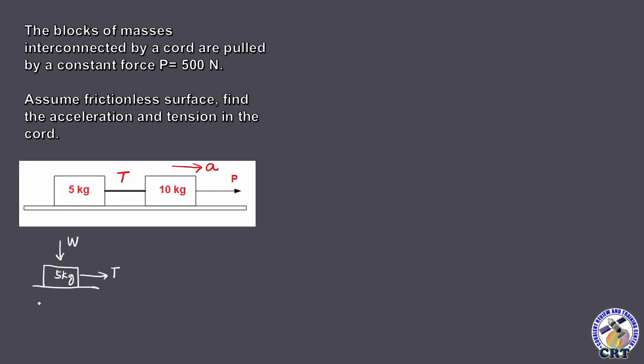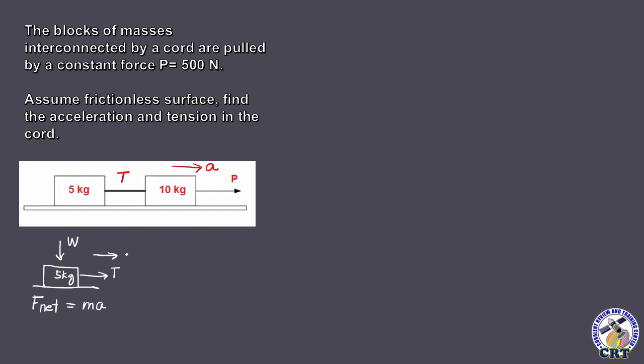Then we will be using the second law of Newton. So this is F net equals mass times the acceleration. With respect to this free body diagram, F net must be the force in the direction of the acceleration.